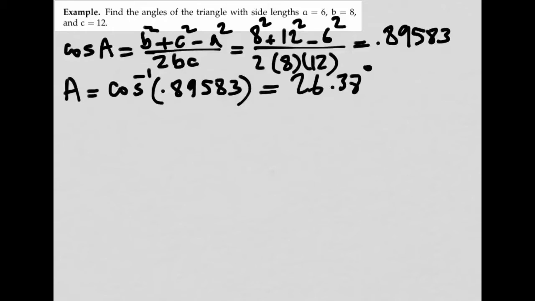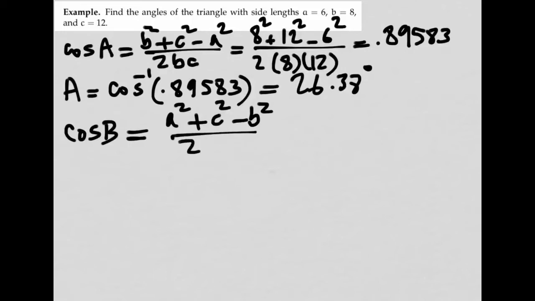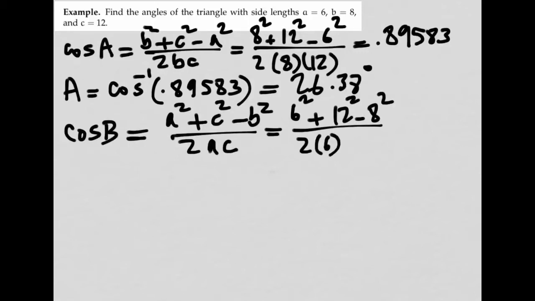To solve for angle B, first we apply the law of cosines. Cosine B is a squared plus c squared minus b squared divided by 2ac, and that is 6 squared plus 12 squared minus 8 squared divided by 2 times 6 times 12, and that's equal to 0.80555.